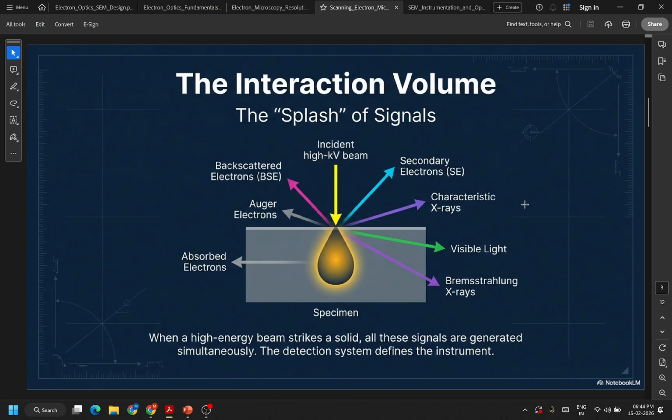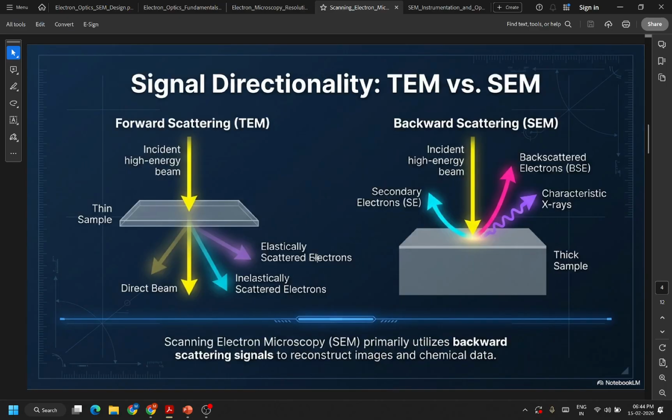And other than that, there would be electron transitions within the atom, which will result in your characteristic X-rays, that are your K alpha, K beta peaks, and also it will result in Auger electrons from your light elements. So these are all the signals that come out when an electron beam hits your specimen.